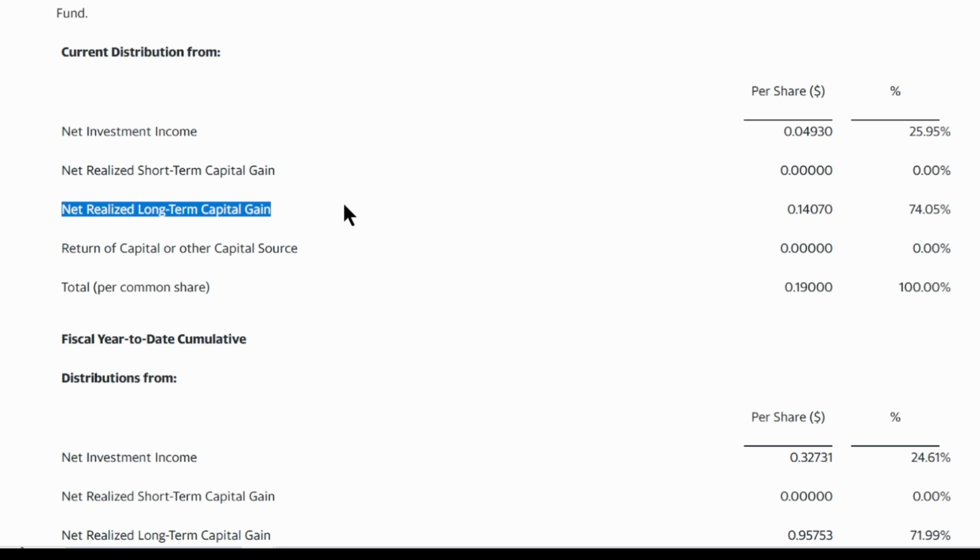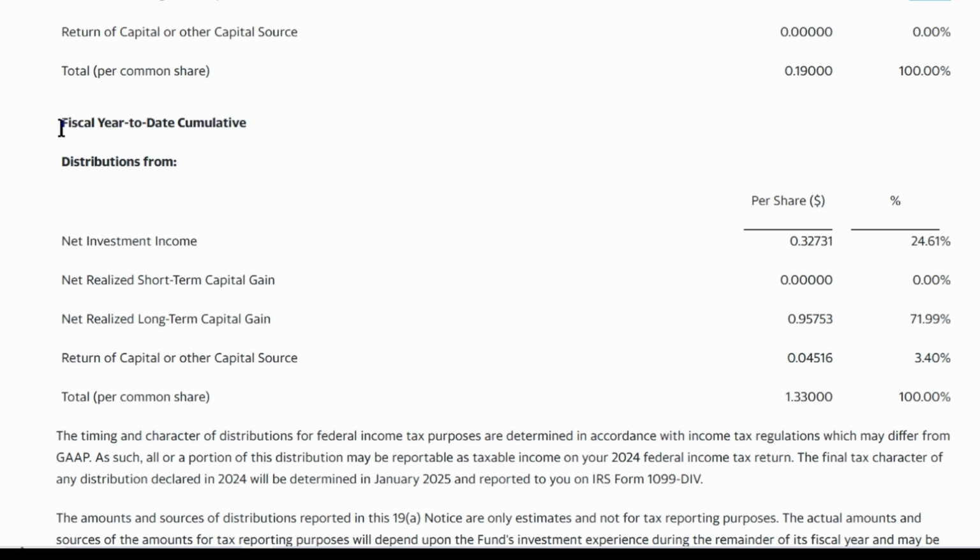They may not always have these net realized long-term capital gains, and that's a huge portion of your distribution. But looking at the fiscal year-to-date cumulative, you see net investment income, 24%, realized long-term capital gains, 72%. But return of capital or other capital source, 3.4%.